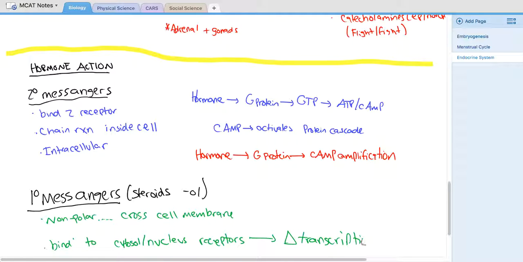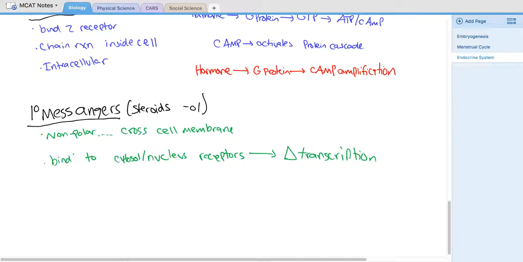And if you remember, transcription is going to produce a protein.